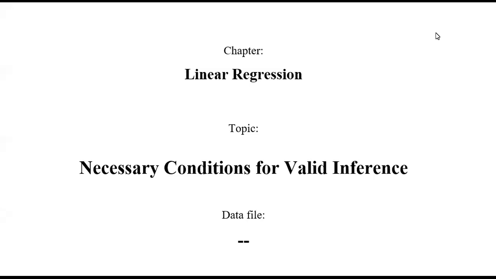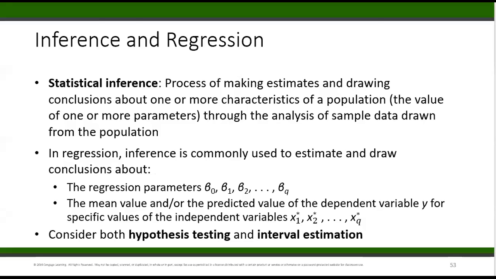In this video, I'd like to talk about some necessary conditions for residuals in order to have a valid statistical inference. Like I said before, at the end of the day, one of the main objectives of regression analysis is to make conclusions about the true relationship between independent variables and the dependent variable.